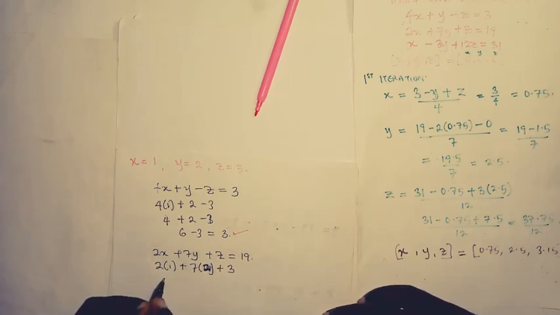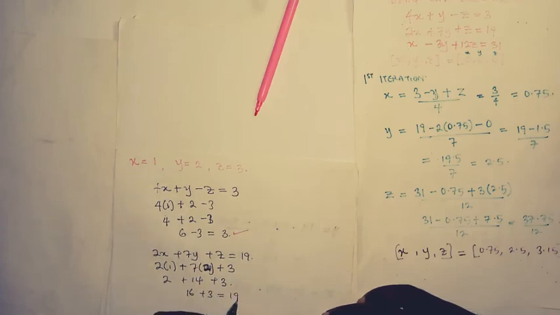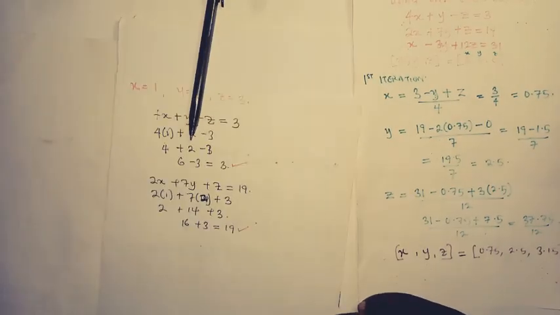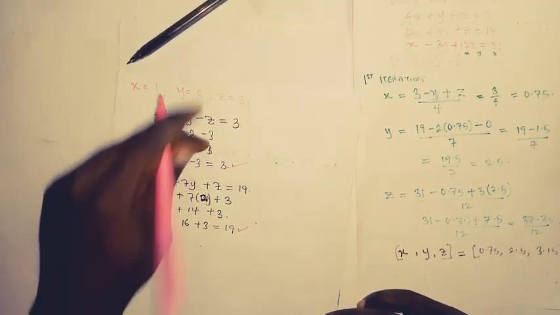So this is 2 times 1 to give me 2, 7 times 2 to give me 14, plus 3. So 2 plus 14 is 16, plus 3 is equal to 19. And my second equation also pans out. So these solutions are true for these two equations.